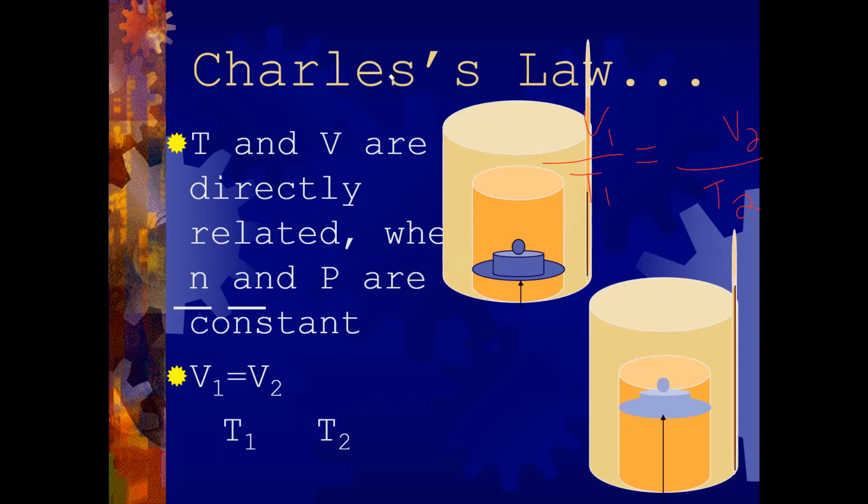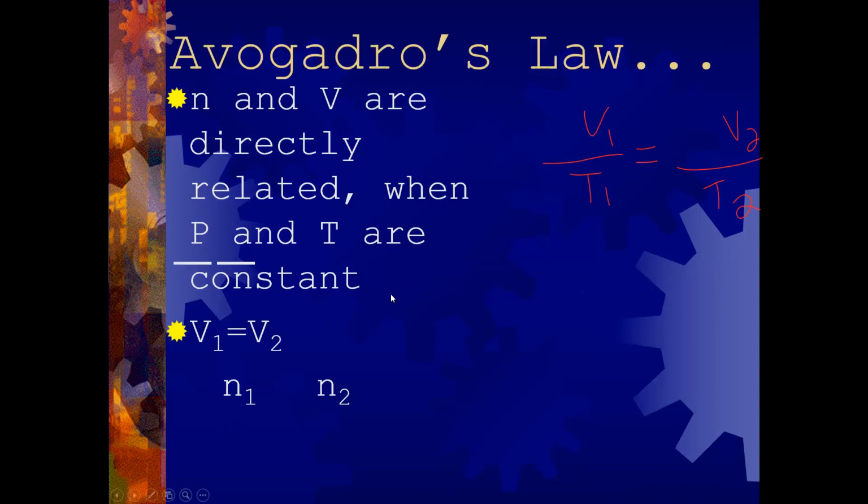And the next one would be Gay-Lussac or Amonton's law. And remember, I forgot about Avogadro's law. With Avogadro's law, you have N and V directly related, and P and T are the constants.